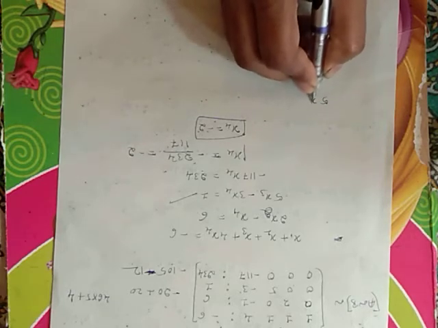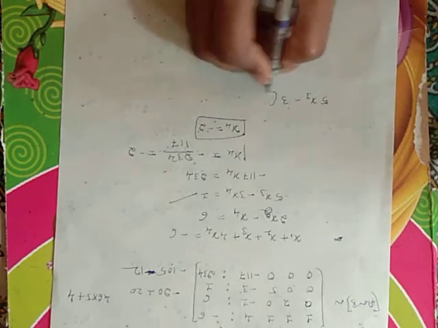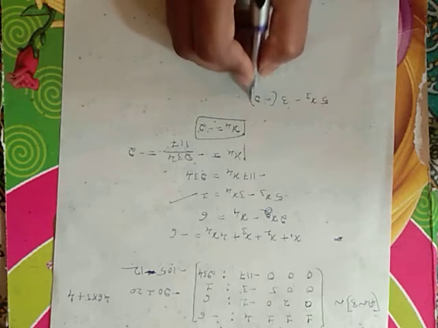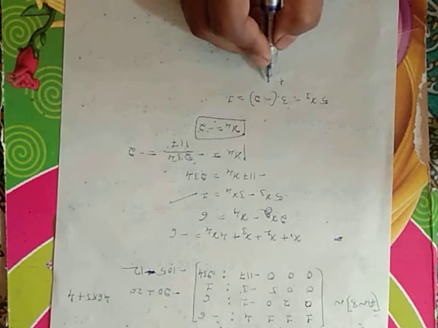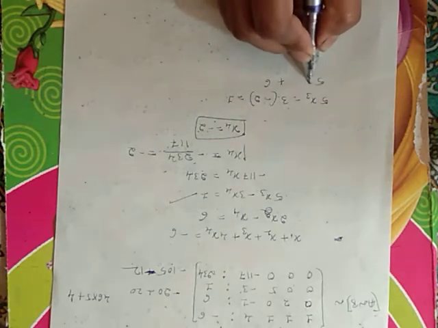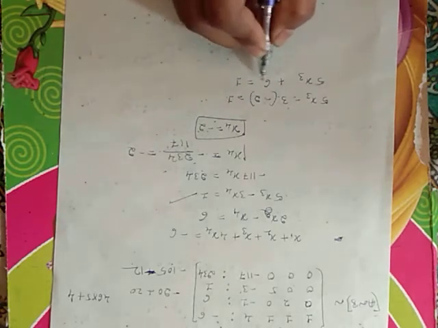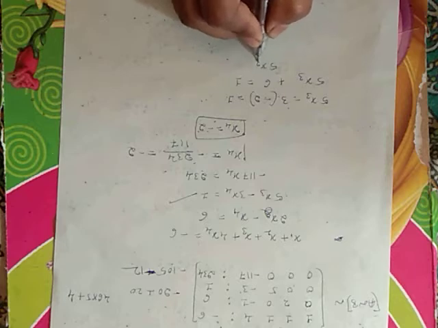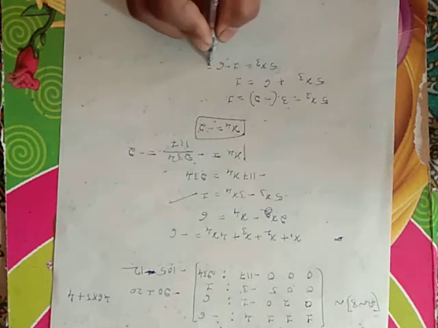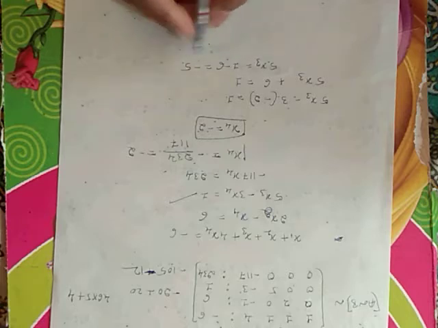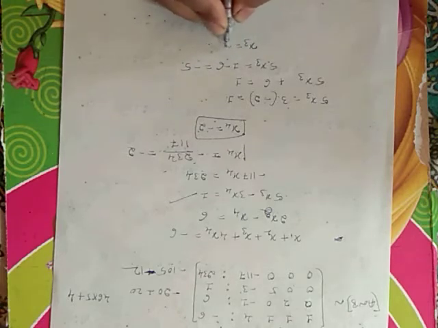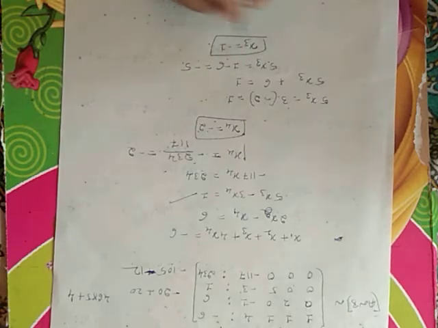So 5 into x3 minus 3 into x4, where x4 equal to minus 2, equal to 1. Minus into minus, plus 3 into 2, 6. 5x3 plus 6 equal to 1. Send 6 to the RHS. 5x3 equal to 1 minus 6, equal to minus 5. 5x3 equal to minus 5. 5 sent to the RHS side. x3 equal to minus 1.